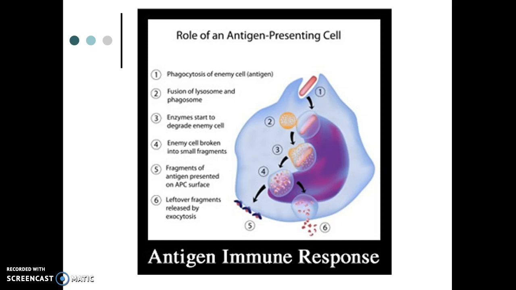contents of the vesicle. Now, occasionally a macrophage will come up against something that's too big. It can't actually undergo phagocytosis. If that's the case, it does one of two things. It'll bind to it and then wait to be assisted by other components of the lymphatic system.